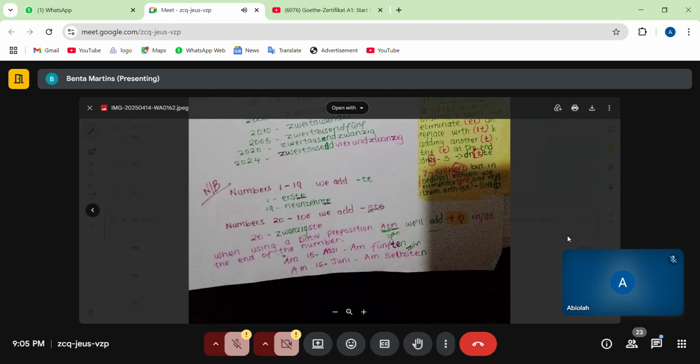So changes everything. Whenever you have the dative preposition, you're going to have an N formation.